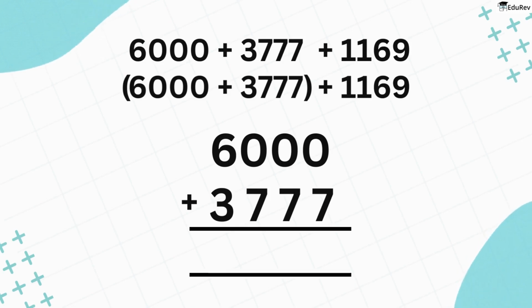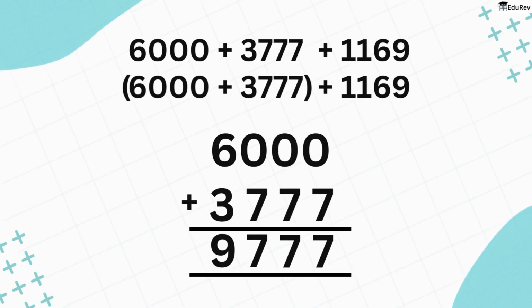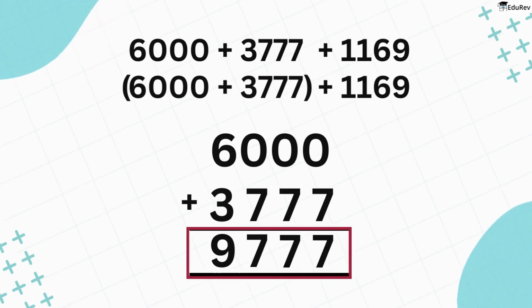First, 7 plus 0 is equal to 7. So we get 7 at 1's place. Then again, we get 7 at 10's place and 7 at 100's place. Now, 6 plus 3 is equal to 9. So we get 9 at 1000's place. And the answer is 9777.